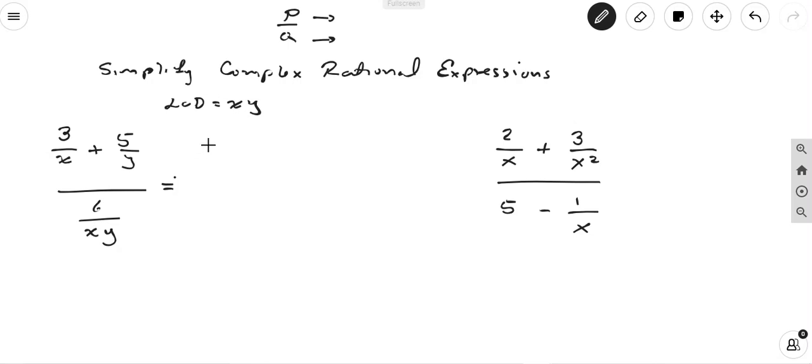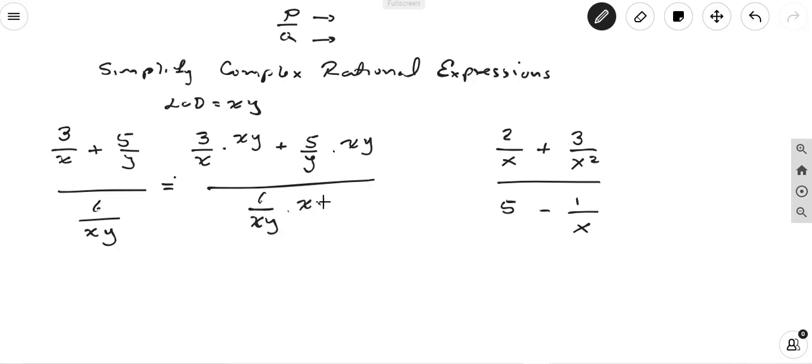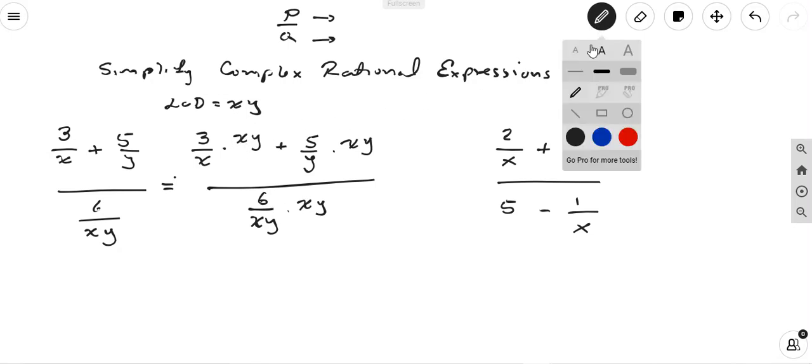So once we have defined the least common denominator, now we're going to multiply each expression by it. So you say this is 3 over x times xy plus 5 over y times xy, all over 6 over xy times xy. Now you will simplify, to clear the fractions.